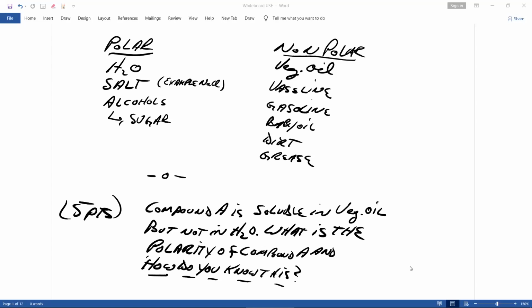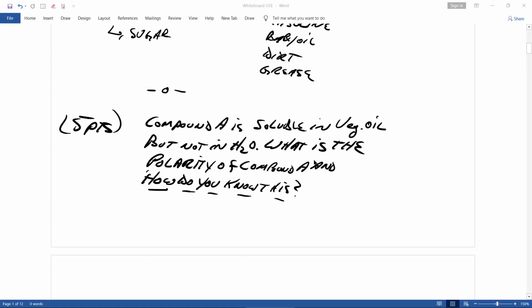All right, I think everybody's done. So let's take a look at this. What is the polarity of compound A? Well, if it's soluble in vegetable oil, vegetable oil is nonpolar, and you could have done the same for water.